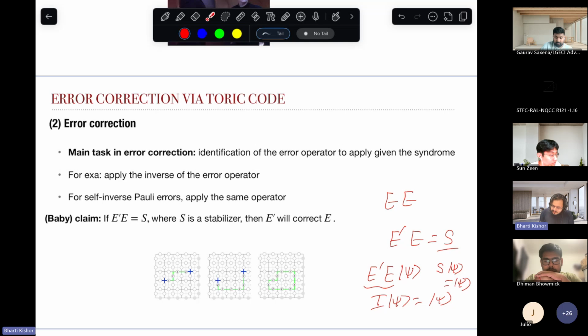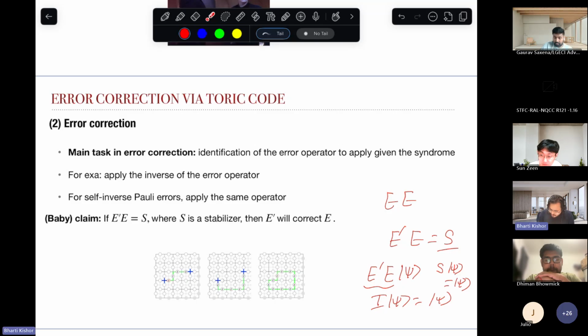So let's say, like here you saw that these two vertex operators gave you minus. So you know that the error must be along the path connecting this qubit and this qubit.